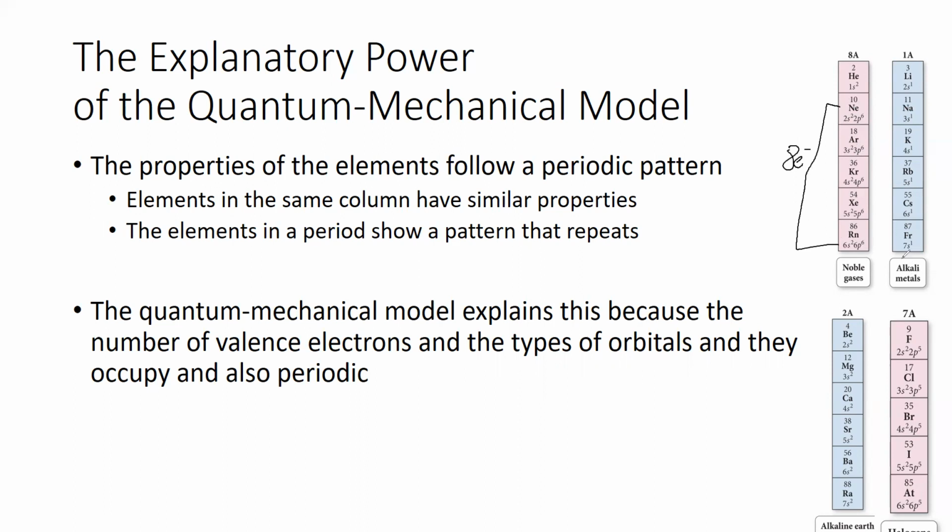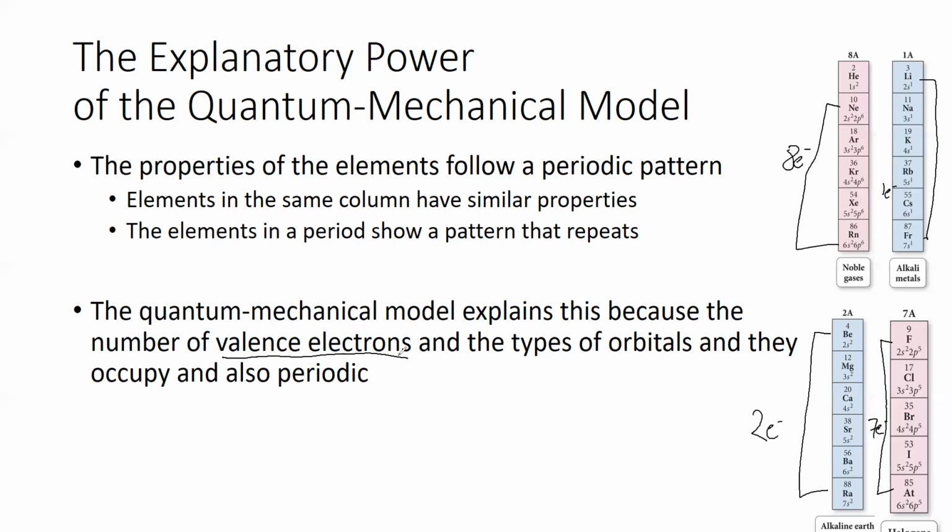If we look at alkali metals, they always have 1 electron in their outermost orbital, so 2s1, 3s1, 4s1. Earth metals always end with 2 electrons in their outer orbital. Halogens always end with 7 electrons in their outer orbital. Remember, these are valence electrons that we're talking about, and the amount of valence electrons that you have influences how you behave in a chemical reaction.